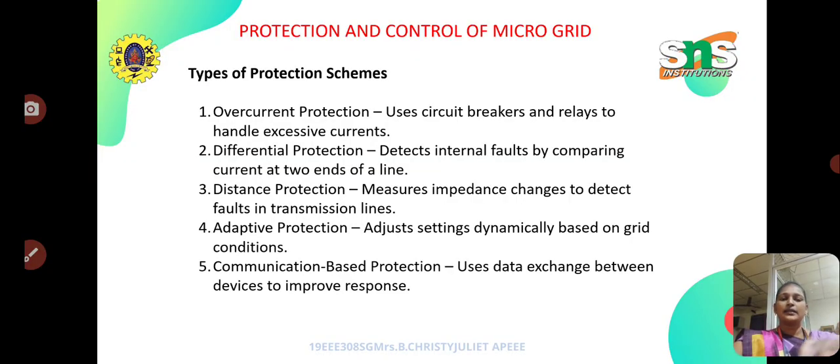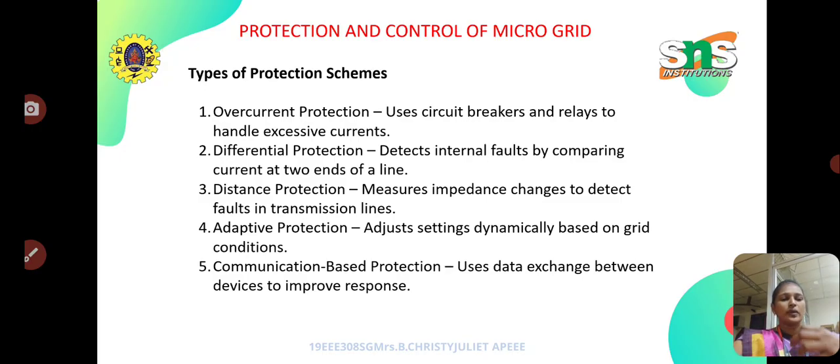the grid. And then we can provide the important protection scheme for the existing smart grids and microgrids, which is communication-based protection, because in the previous grids, that is the conventional grids, there is a lack of communication. We always had one-way communication from the utility to the consumers, but now there is two-way communication because of the incorporation of digital technologies.